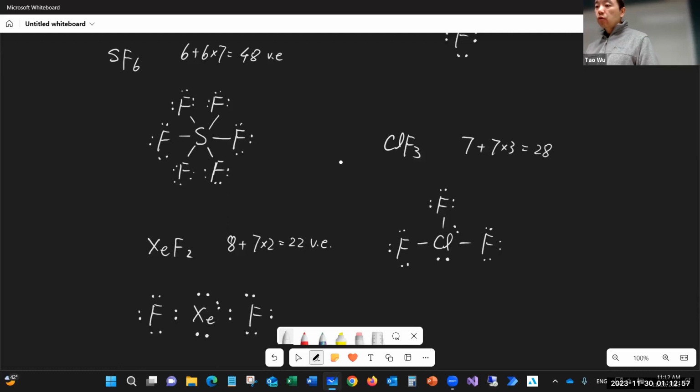Then we have the extra to write. That's it. You get rid of those shared areas as a bond. Then you will see the xenon has 2 single bonds and 3 lone pairs. That's it. That makes sense, right?